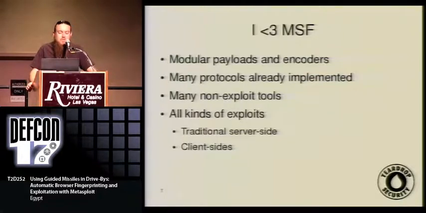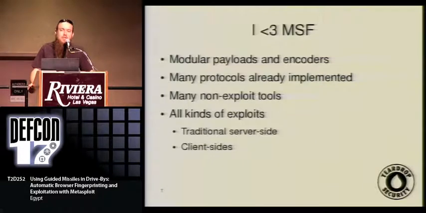There are a bunch of protocols that already work in Metasploit, so you don't have to do all of the boilerplate crap to make HTTP or SMTP or whatever work with your exploit. You don't have to go through all of the effort of writing that code because it's already there.